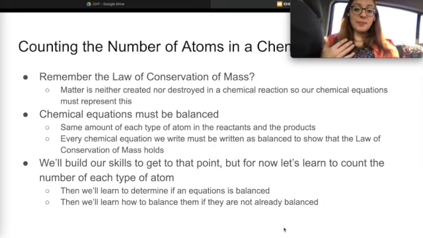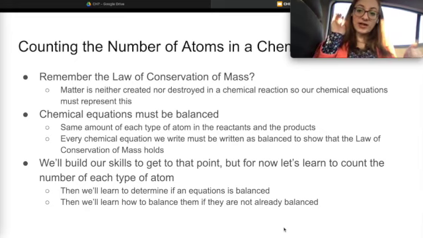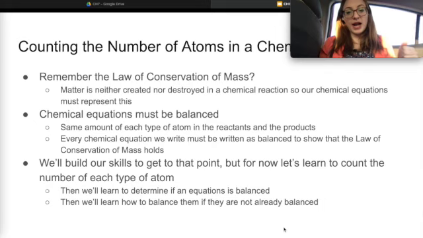So chemical equations must be what we call balanced. That's what we call adding the coefficients in. When we add those coefficients in, we're balancing the equation so that we can determine that we have the same number of things on the left-hand side as we do on the right-hand side. So we have to have the same amount of each type of atom, the same number of carbons, hydrogens, and oxygens in the case of our methane and oxygen reaction on the left-hand side as we do on the right-hand side for our products.